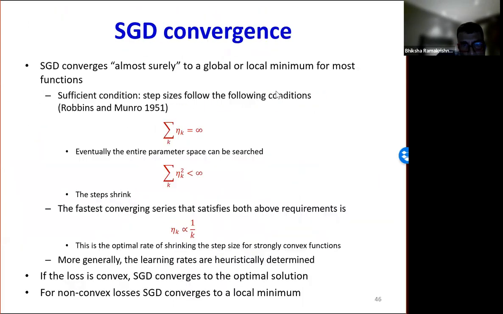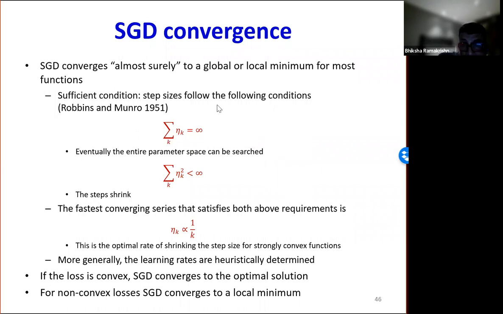So typically, what we want is the summation of the learning rates to be infinite, and we want it to be square summable. The fastest converging learning rate that satisfies both requirements is 1 over k. And more generally, we are going to use something that is roughly equal to 1 over k. For instance, keeping it uniform for some set of iterations and then shrinking it by a factor and keeping it uniform over some set of iterations. Regardless, the actual learning rate schedules that you will use satisfy these properties.